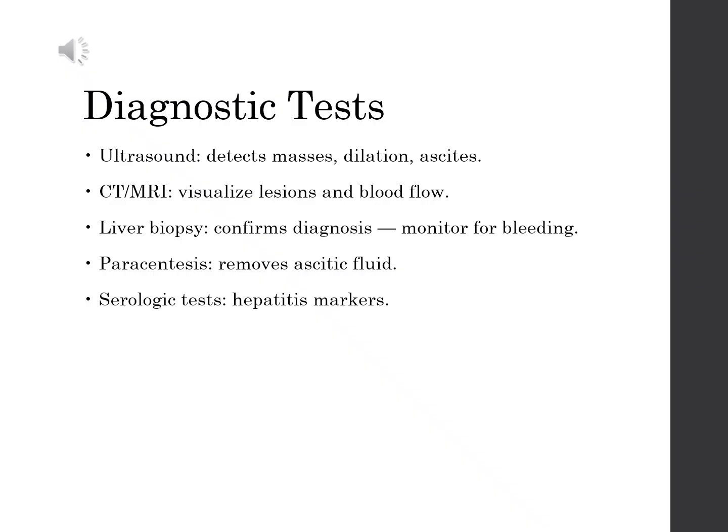Okay, so some of the diagnostic tests that we use are going to be ultrasound or a CT or MRI. What we do here is we look at the size of the liver, we look at any blood flow, we look at dilation of those portal veins, and we look at ascites to see if there's fluid buildup in the abdomen. We may utilize a liver biopsy.